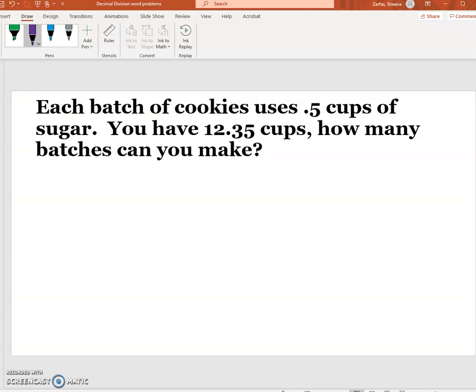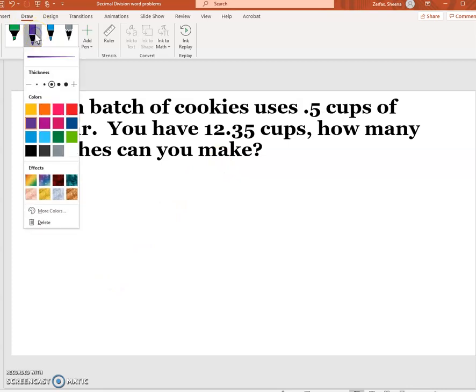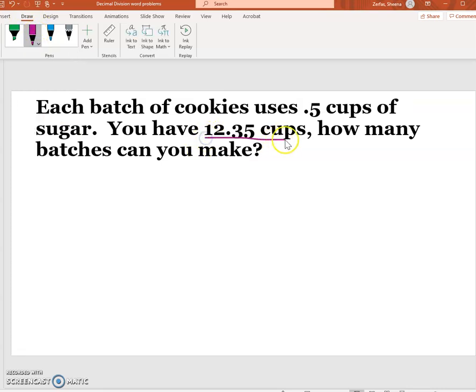In this example, again, we'll read through it and try to decide which is my dividend and which is my divisor, and then we'll go ahead and solve it. Each batch of cookies uses 5/10 cups of sugar. You have 12 35/100. How many batches can you make? So again, I'm trying to decide if each of these numbers represents my dividend or my divisor. It's important to notice that sometimes that can come first in the problem or second.